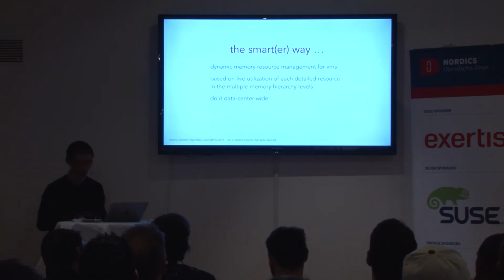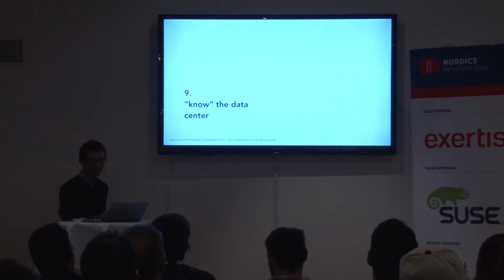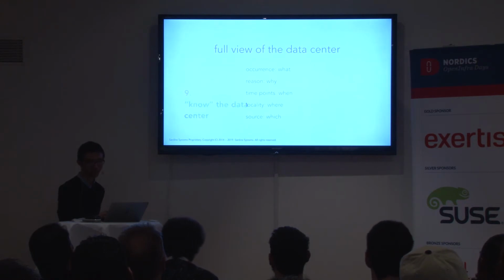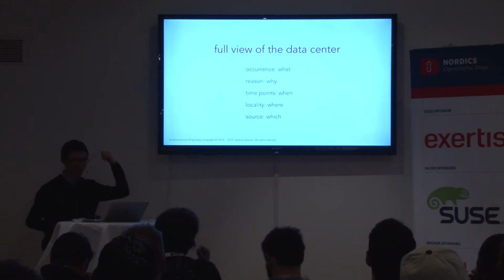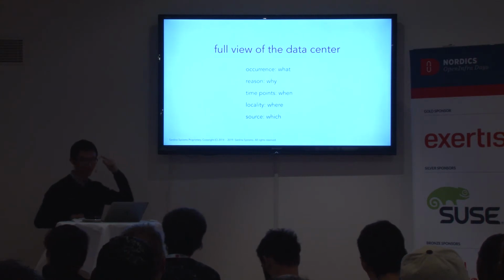So what we should be doing is, again, dynamically handle memory and do it data center wide. What this comes down to is that we need to know the data center. And knowing what happens where, why, and when, and what's the source.